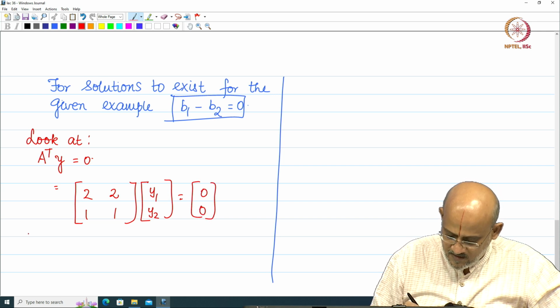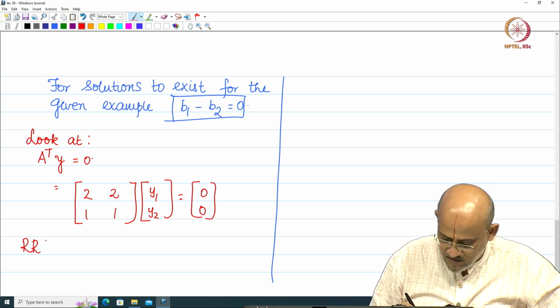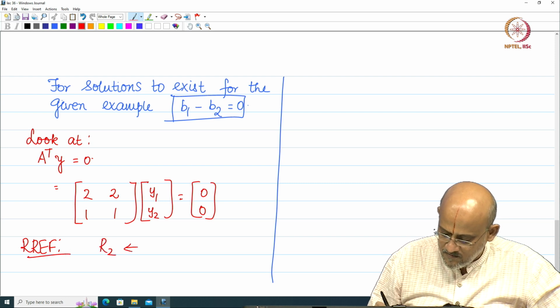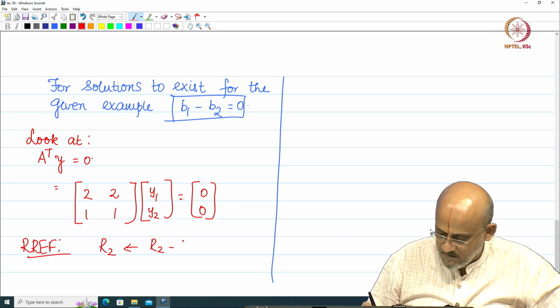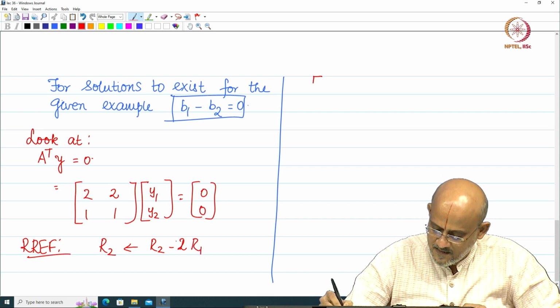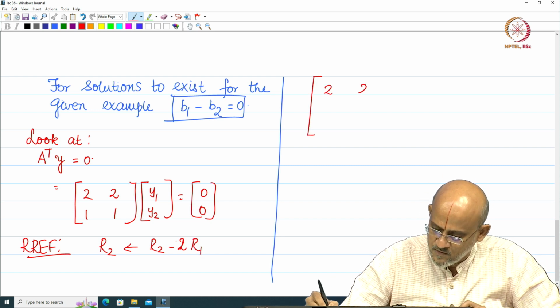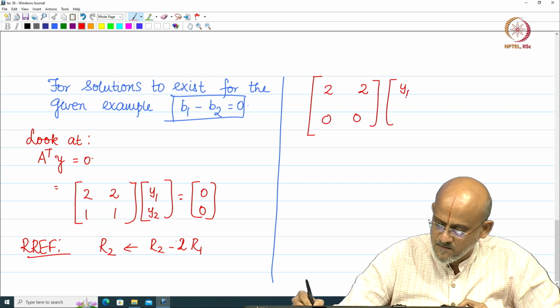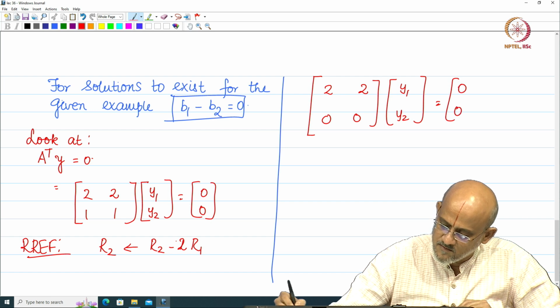Now again I will look at the RREF, the reduced row echelon form, where I will say R2 is equal to R2 minus 2 R1. So I get basically 2 2 0 0 into y1 y2 is equal to 0 0.